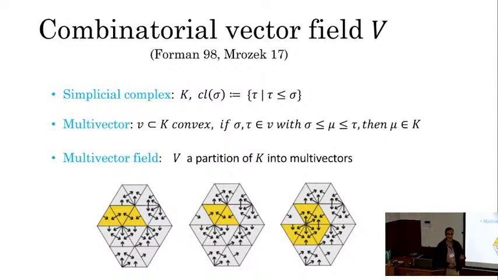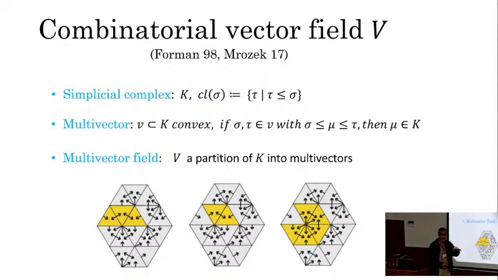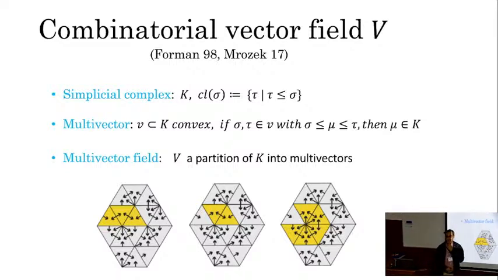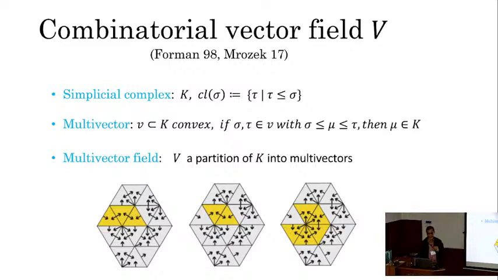So I'm going to define what a combinatorial vector field is. The combinatorial vector field is defined as a partition of a simplicial complex. You take the domain K as a simplicial complex, and then you partition it into a collection of simplices. That's the vector field. But this partition has to satisfy a certain condition. I say a multivector, here is the definition.